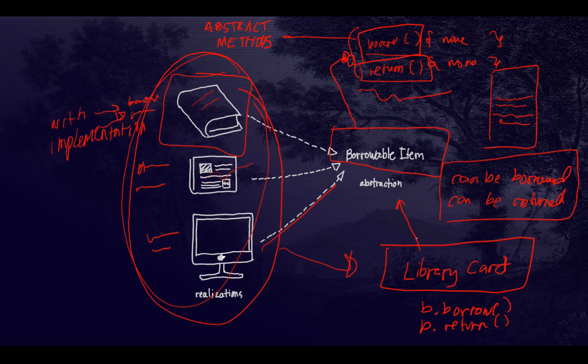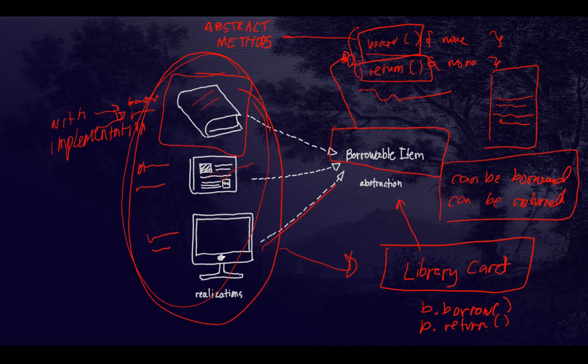So the library card right here, one of the library system's classes that transacts with borrowable items, treats any instance of borrowable item just like any other borrowable item. But at the same time, a book is also a book. Therefore, it behaves in the same manner a book behaves. It is borrowed in the same manner a book is borrowed. It is returned in the same manner a book is returned.